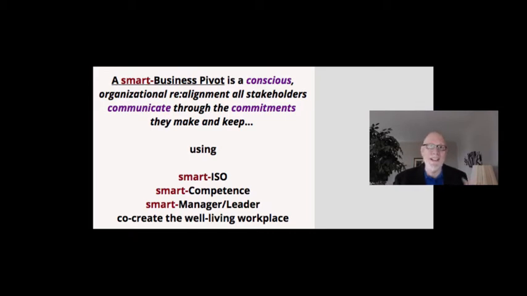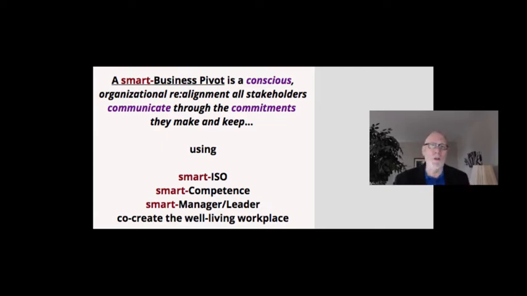Therefore, you're able to get the alignment that the business pivot has set in motion for you, and therefore you can evaluate it and see if it was worth it and the possibility of what you need to do next.